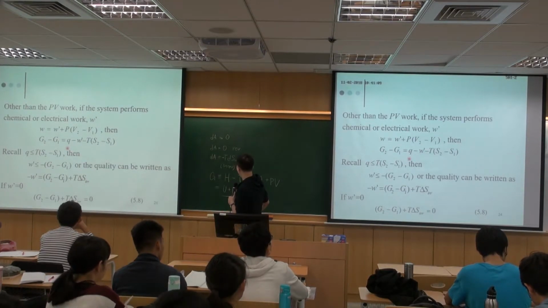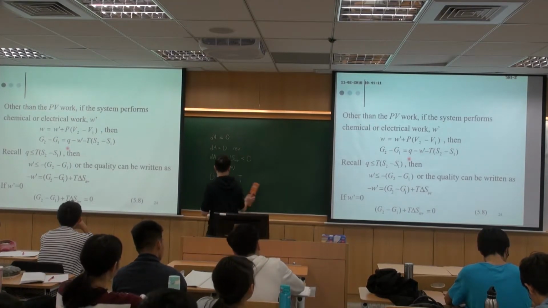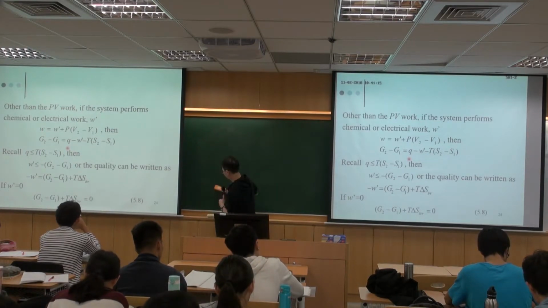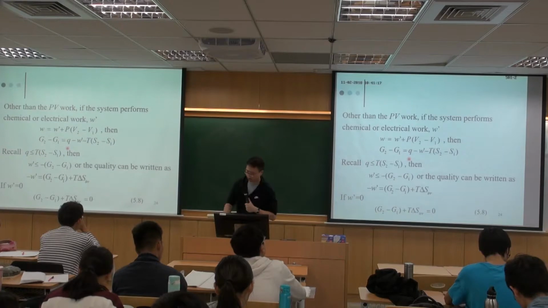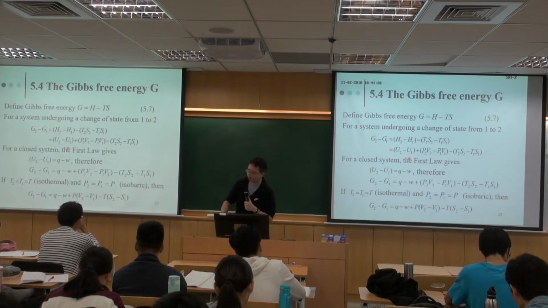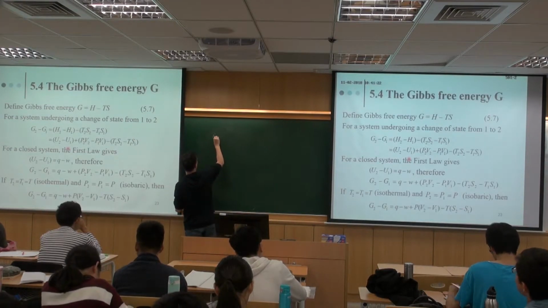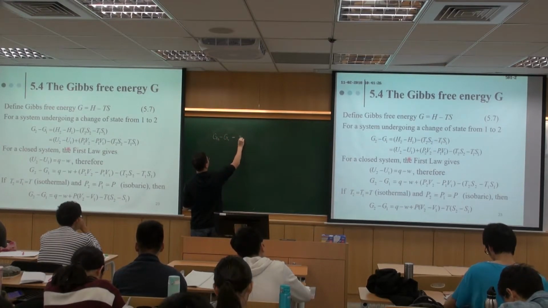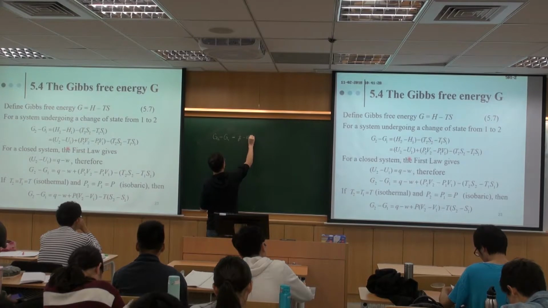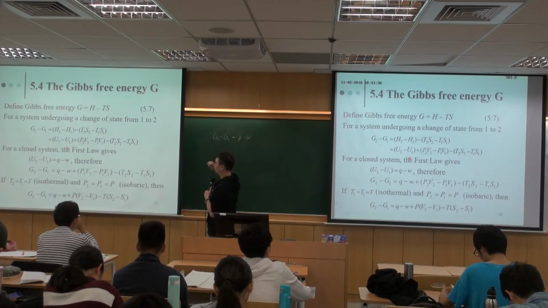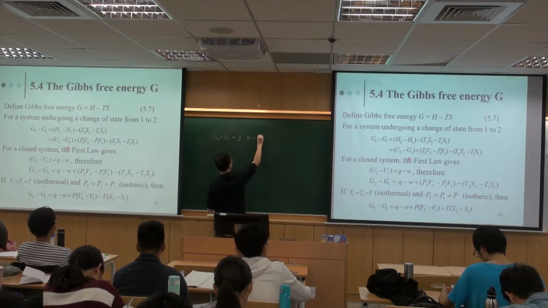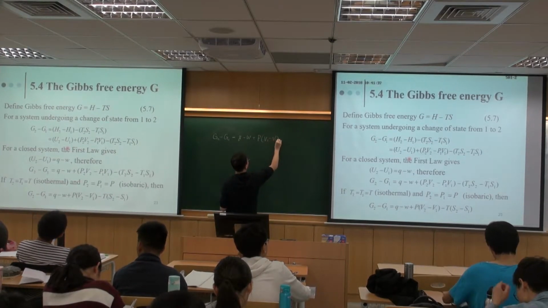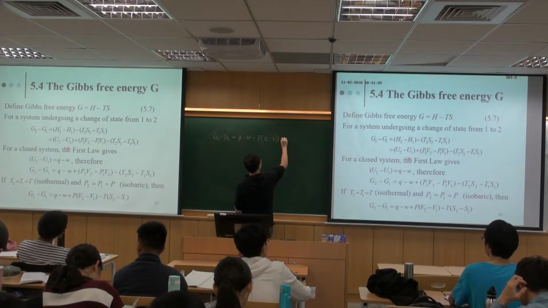Let me go through this again. Let me start from here: G2 minus G1 is the heat involved minus the work done by the system, that's the pressure times V2 minus V1, and the temperature term.